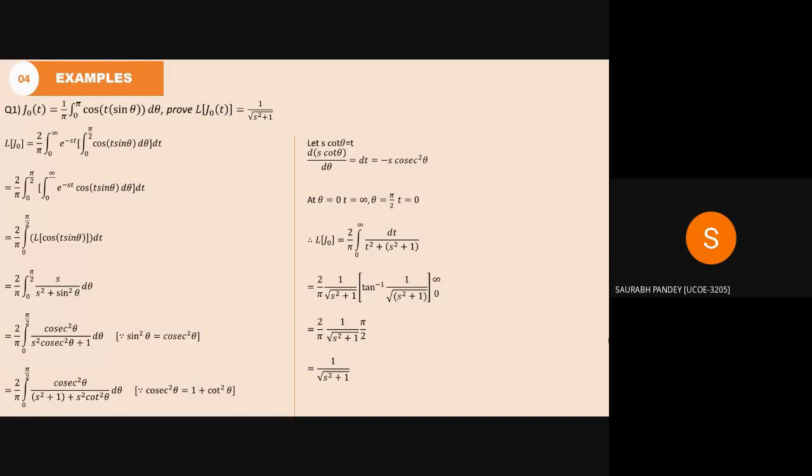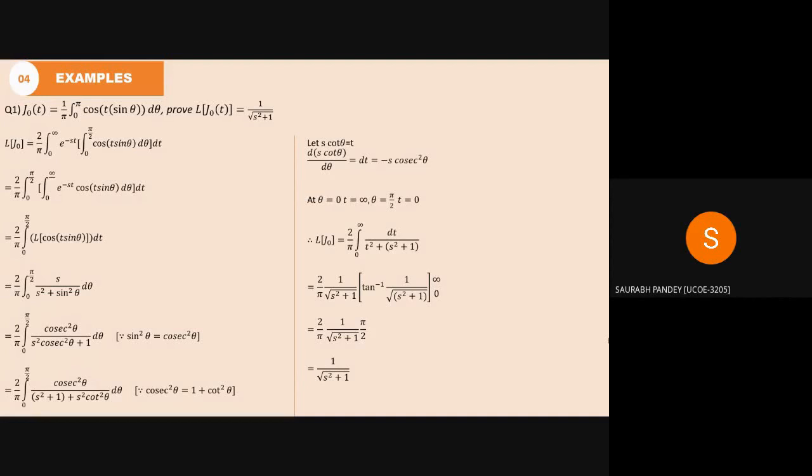So Laplace of J naught is equal to 2 by pi integration of dt upon t square plus s square plus 1, where limits are 0 to infinity, and we get 2 by pi into 1 by root of s square plus 1 into tan inverse of t by root of s square plus 1. We apply the limits here and get the simplification as 2 by pi, 1 by root of s square plus 1, pi by 2, where pi and pi get cancelled, and we get the final answer as 1 by root of s square plus 1.